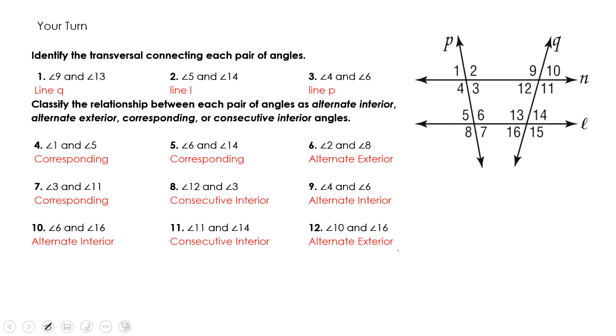Then we have another corresponding set with 3 and 11. 8 was consecutive interior, 9 was alternate interior, 10 was alternate interior, 11 was consecutive interior, and 12 was alternate exterior. I hope everybody was able to piece that together. If you're confused, we'll definitely go over it again, okay?